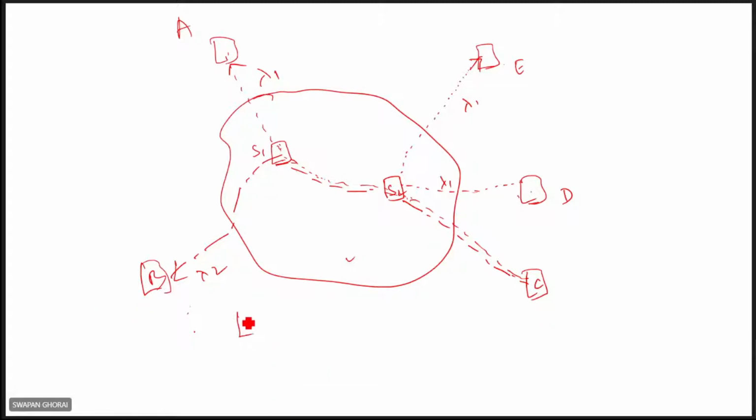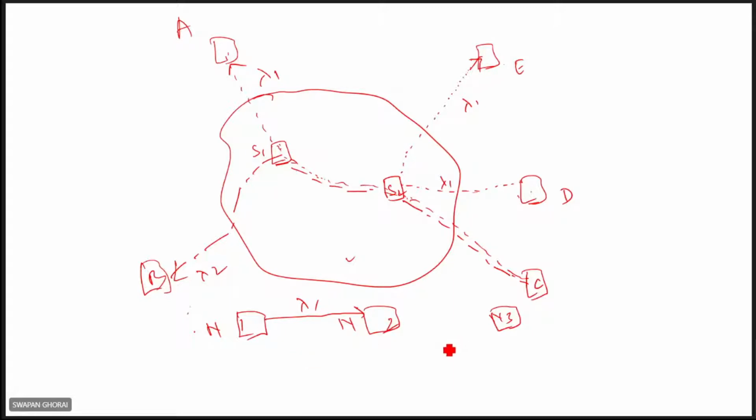If you see another example, say there is one node. This is another node. This is a third node, right? This is node 1. This is node 2. This is node 3. So same thing. This is lambda 1, right?